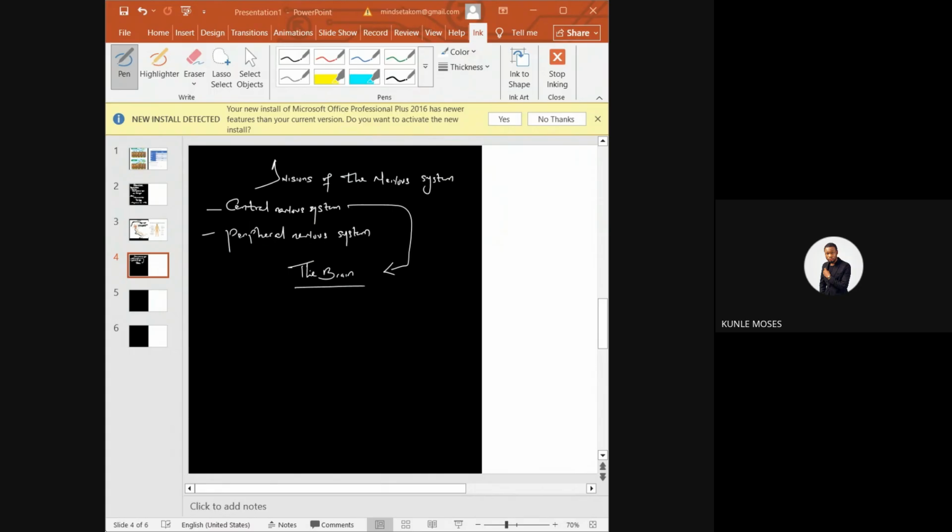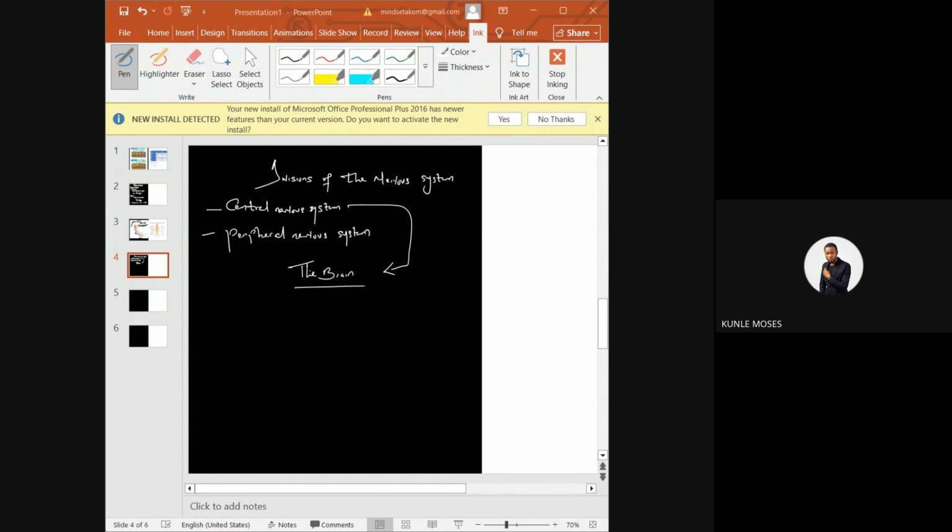The PNS includes number one, cranial nerves. The cranial nerves. It includes the cranial nerves and the spinal nerves. So another line, the cranial nerves.